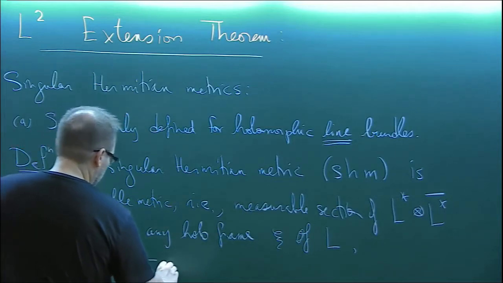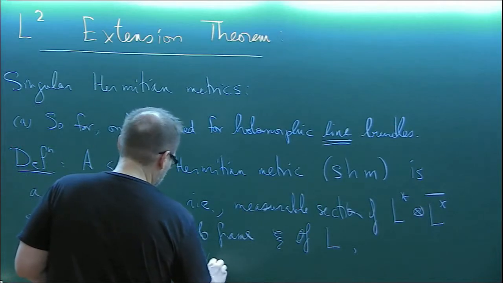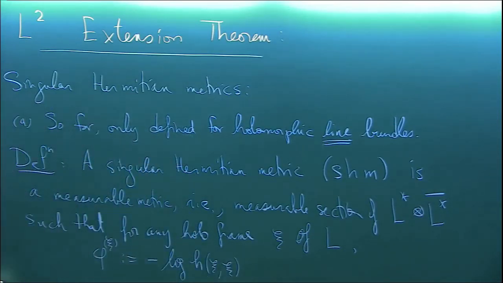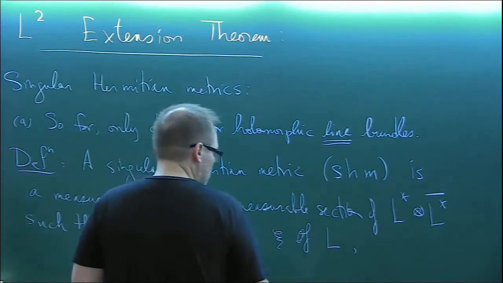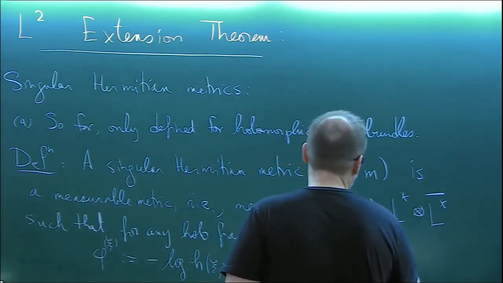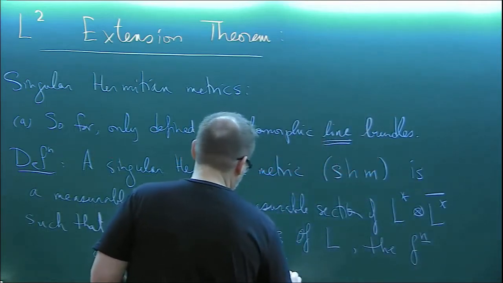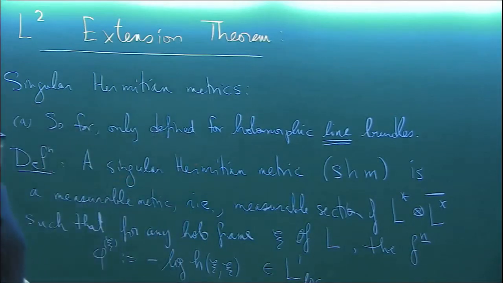So this is a negative logarithm of h of ξ. In other words, h of ξ is e to the minus phi ξ. Okay, so we want this function to be L1 loc on the domain where the frame is defined.